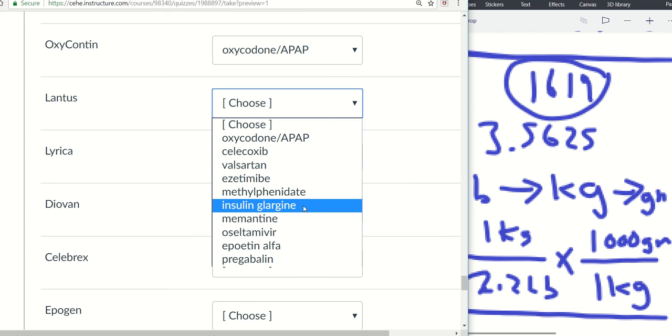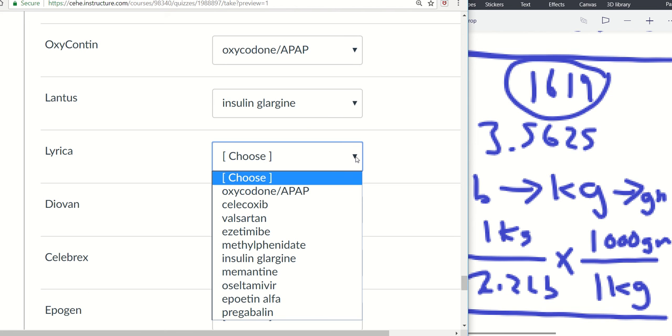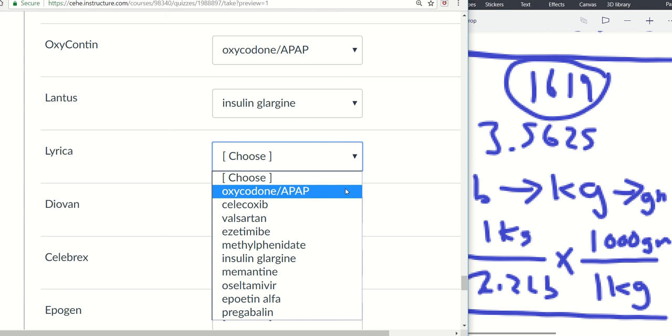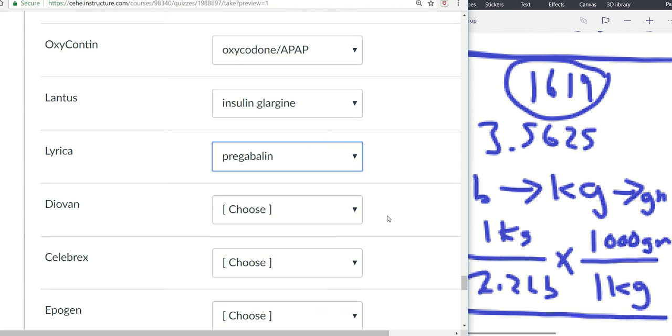Insulin. Lyrica for diabetic nerve pain. So the generic is, what is it? We're on Lyrica. It is pregabalin, I think. Yeah, pregabalin.